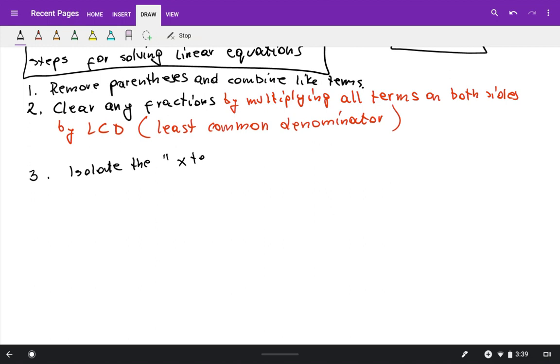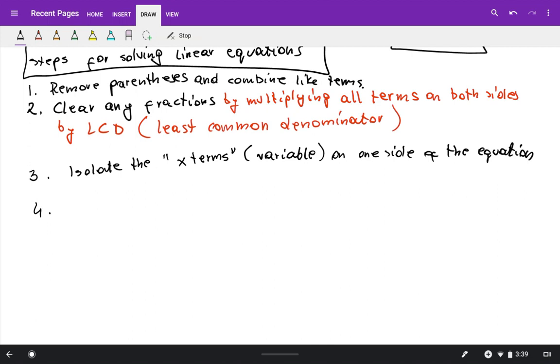I'm calling that the x term because usually your variable is x, but technically that means isolate the variable on one side of the equation by adding or subtracting. Okay, so I'm using the shortcut. What that means, isolate the x terms, is we keep the variable usually on the left side and move everything else to the other side.